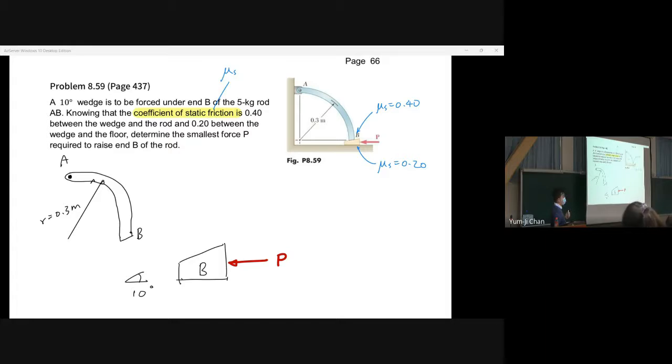So what's the type of joint at point A? Point A is a pin joint. So we have Ax and Ay. Take your time to draw it.